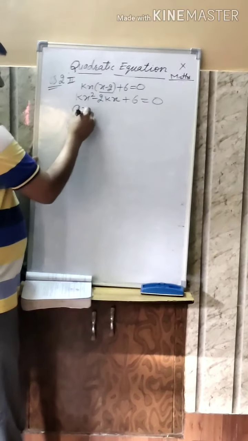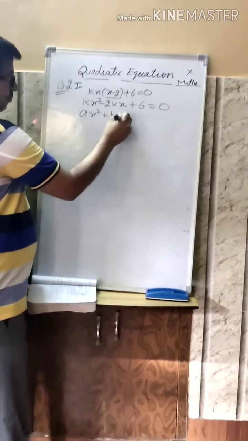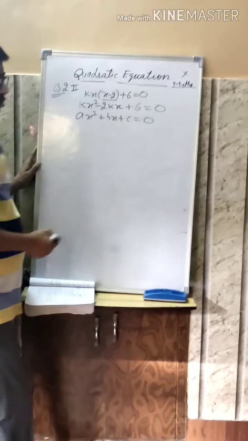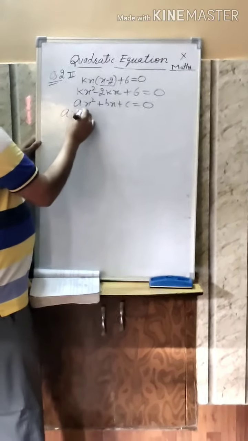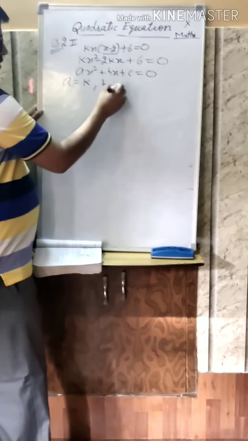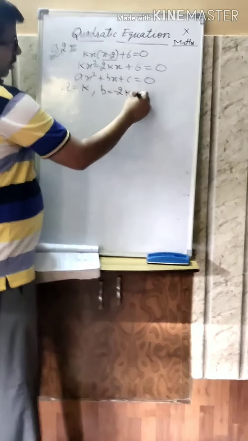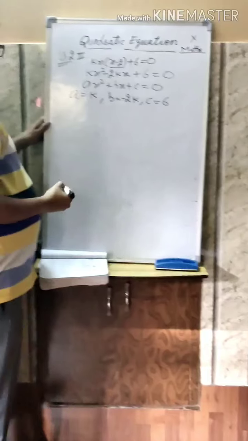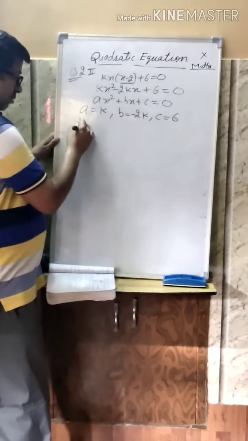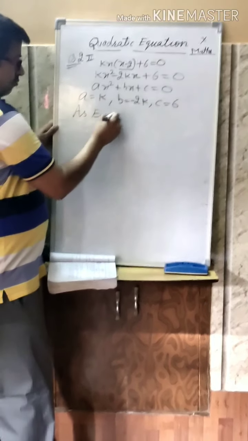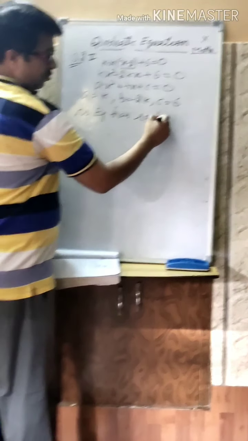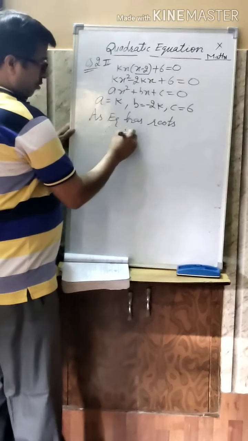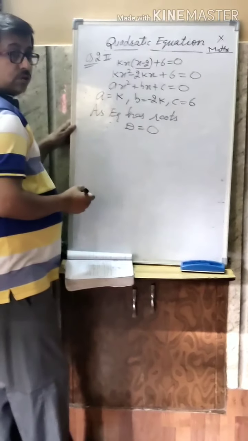Now we compare with the standard form, ax square plus bx plus c equal to 0. So now what is a? a is equal to k, b is equal to minus 2k, c is equal to 6. So as the equation has equal roots, D is equal to 0.